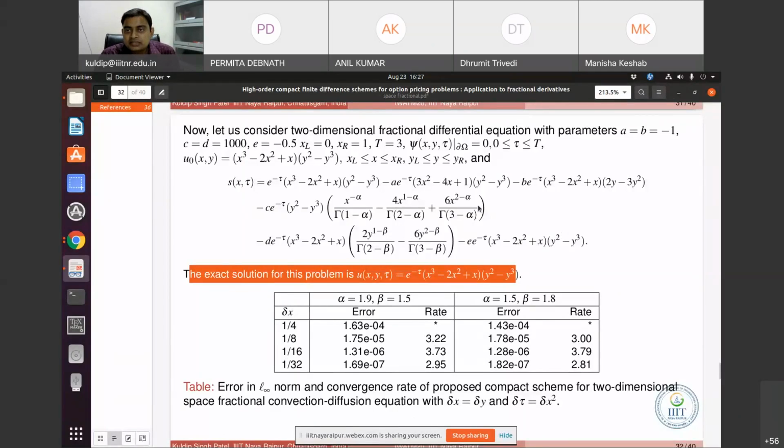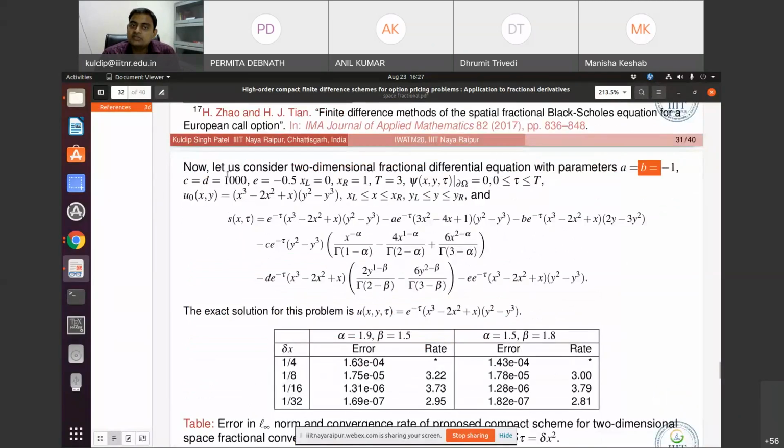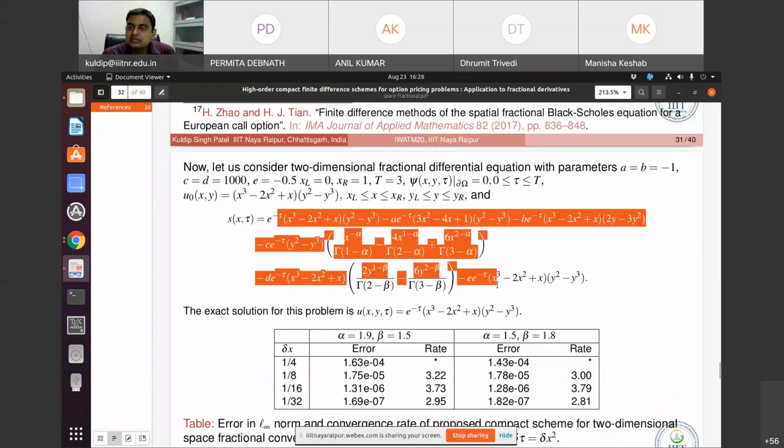So this is the two-dimensional problem we have considered, that A, B is -1, C, D is this, E is this, ranges from 0 to 1, T is 3, boundary conditions are 0, initial condition is this, right? And source term is this.